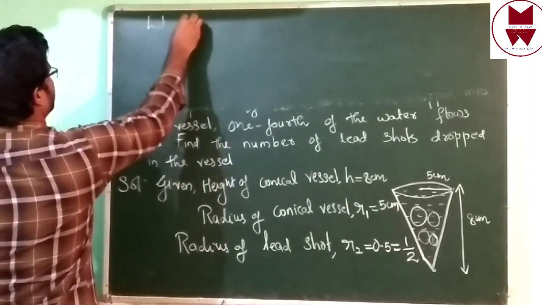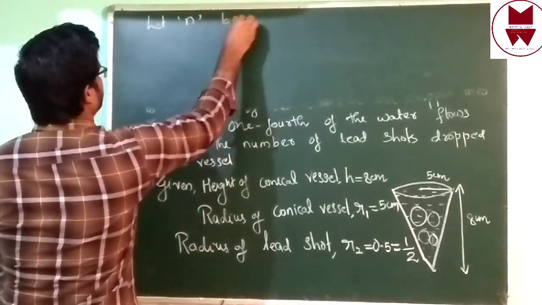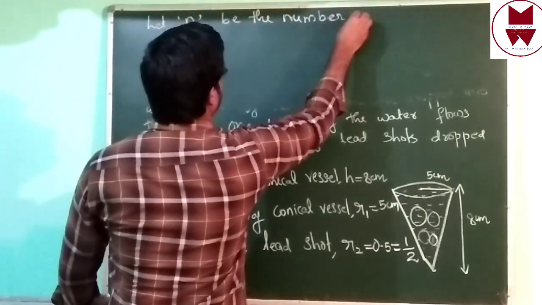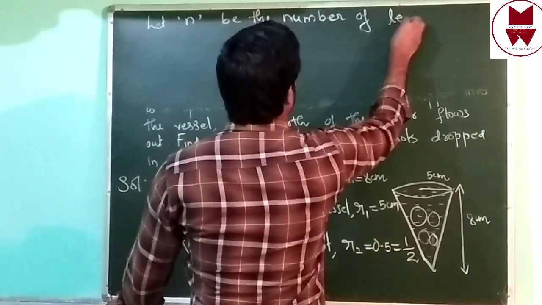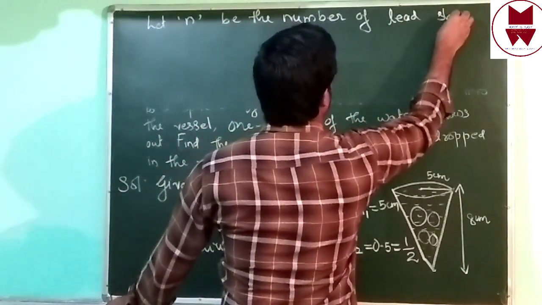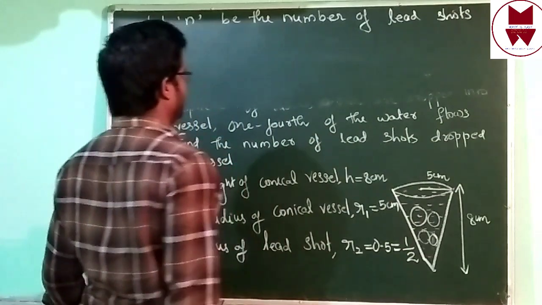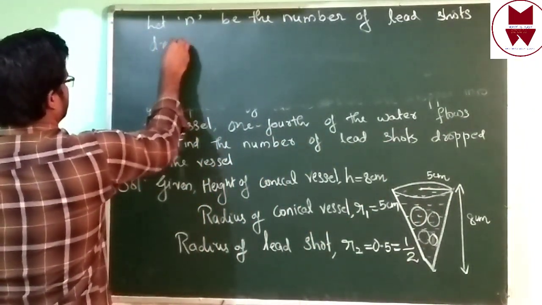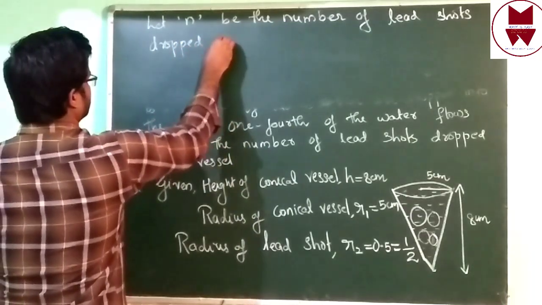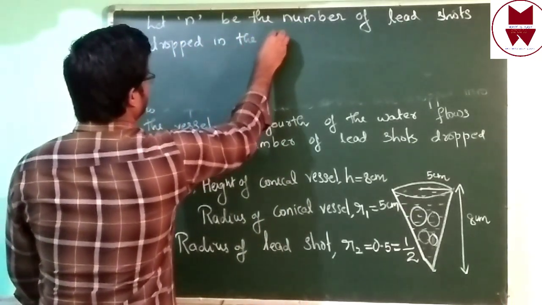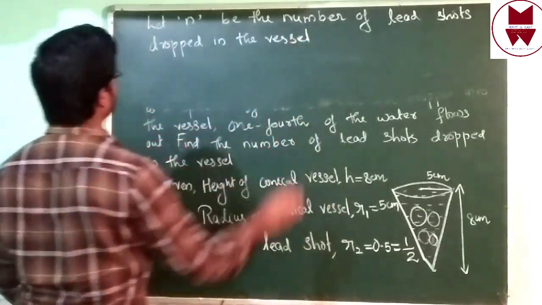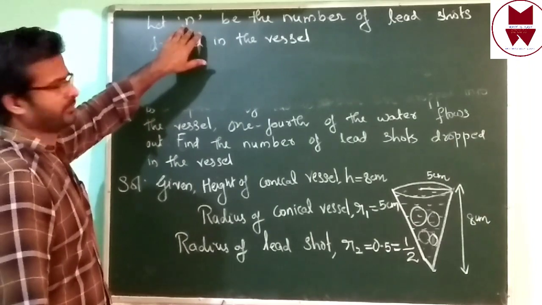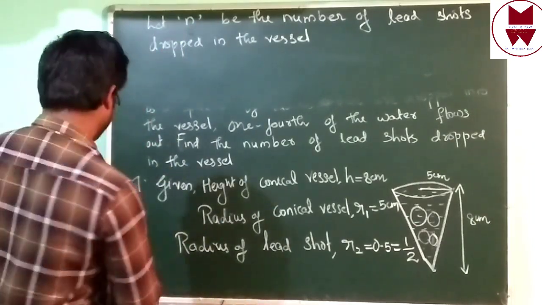Let n be the number of lead shots dropped in the vessel. Maybe n is 10 or 20, anything.